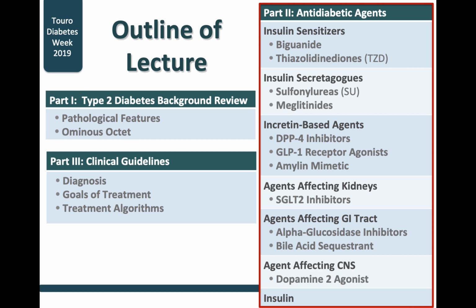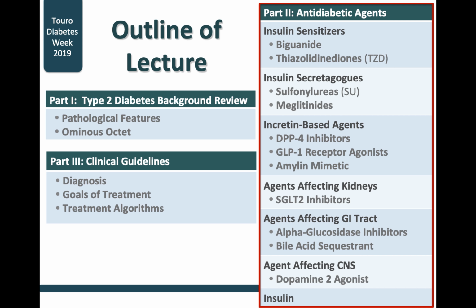The next class would impact our kidneys. So they're called SGLT2 inhibitors. SGLT2 stands for sodium glucose transport 2 inhibitor.